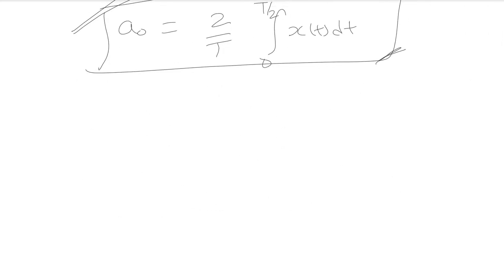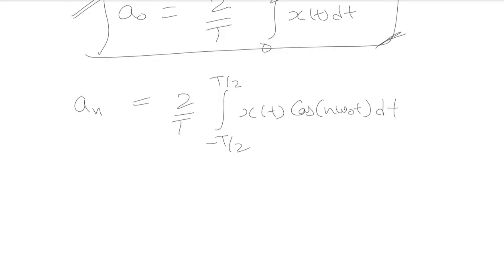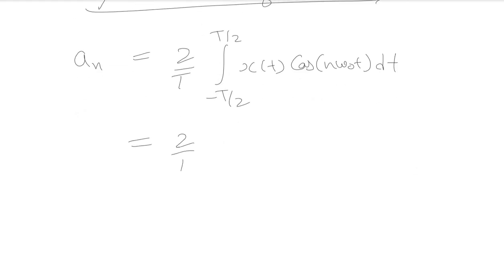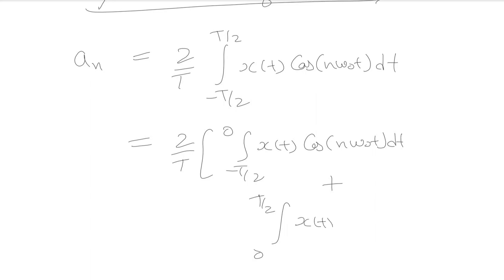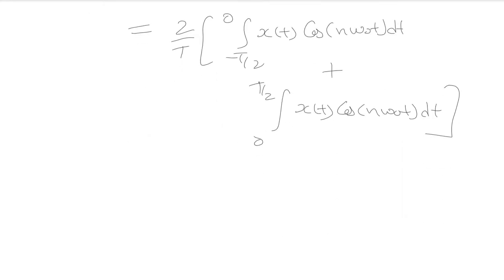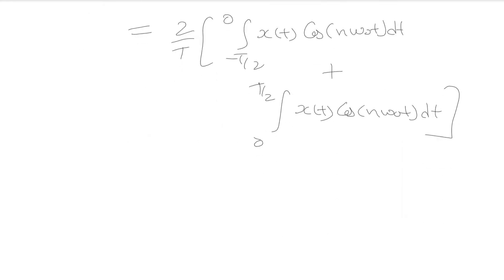Similarly, let us find out an for an even function. The standard expression is 2 by T integration in one time period xt cos n omega naught t dt. Let us adopt the same method: 2 by T integration minus T by 2 to 0 xt cos n omega naught t dt plus integration 0 to T by 2 xt cos n omega naught t dt. Now let us do the reversal of the limits.